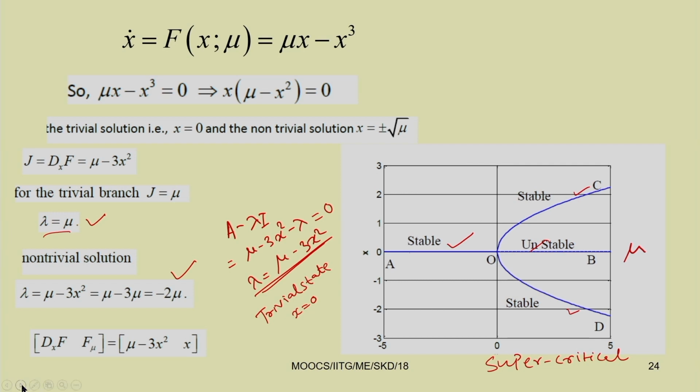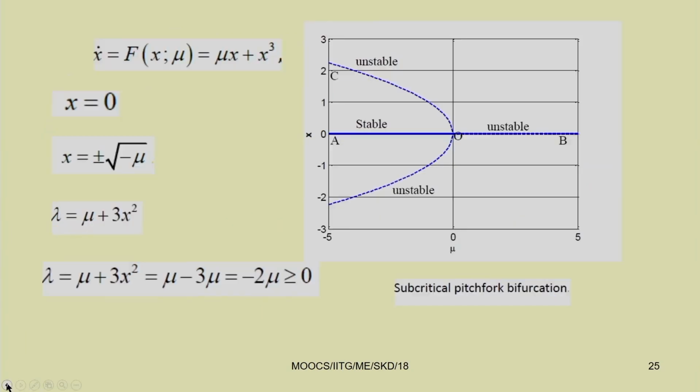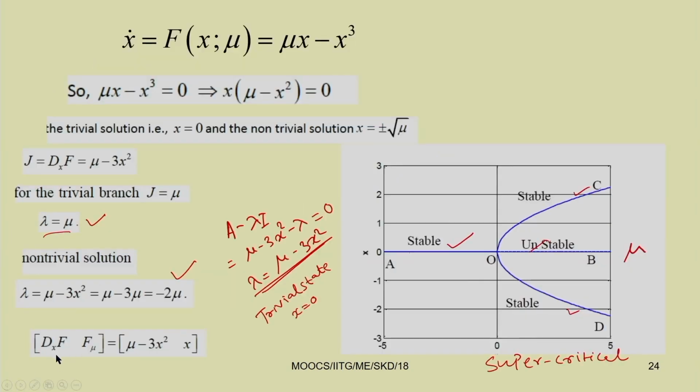Similarly, you can check by constructing d x f and f mu. So, what is f mu in this case? If you differentiate with respect to mu, you will get f mu equal to x.